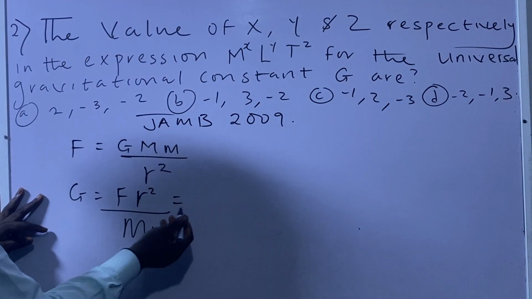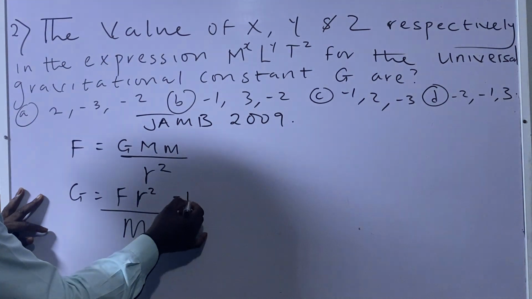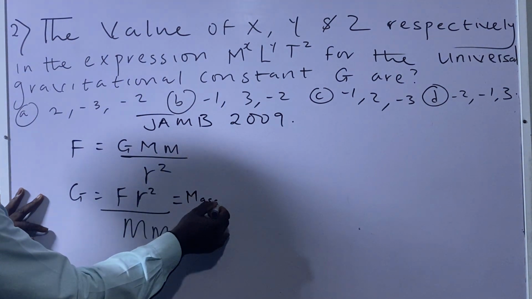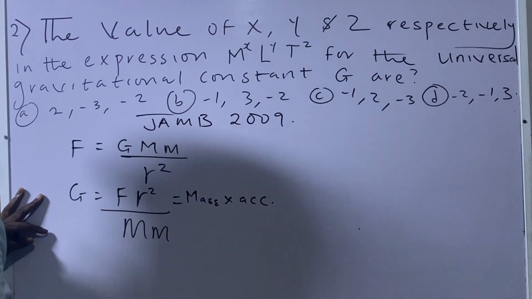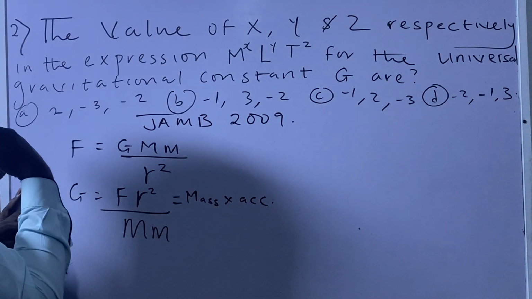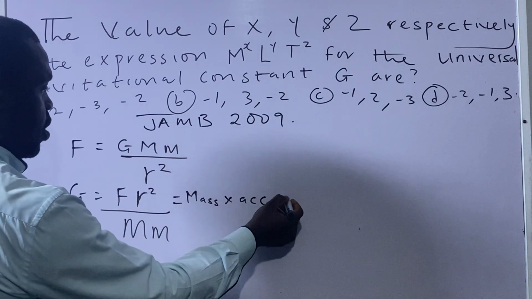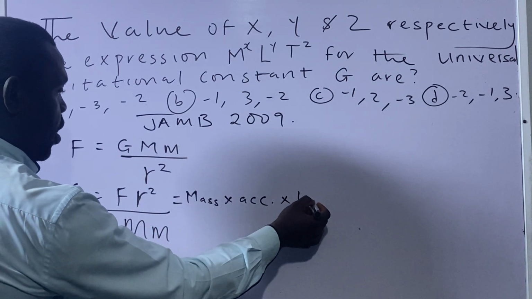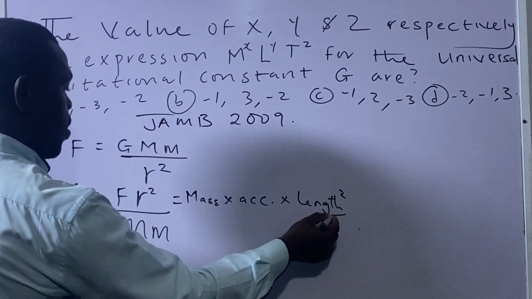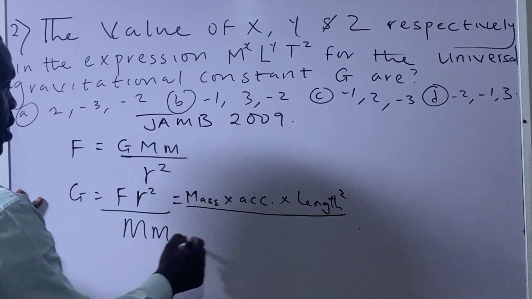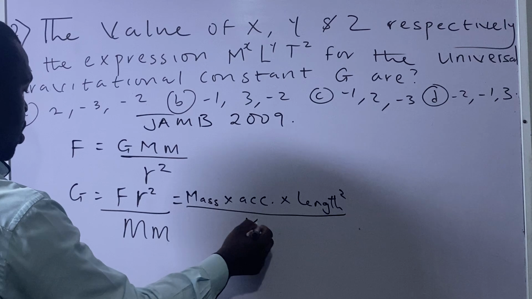What is force? We know that force is mass times acceleration, and this is distance, so it's going to be in meters, so let me call it length square over kilogram square.